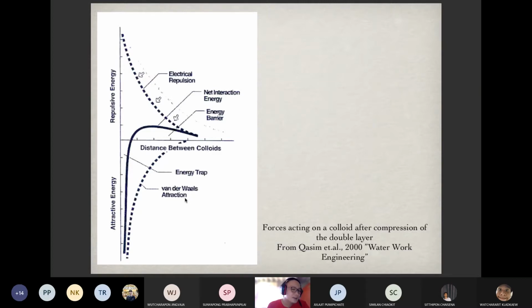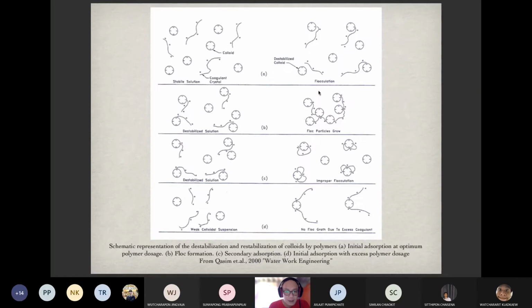So finally, we can coagulate them. We can actually promote the collisions, particles attachment, and then they become a bigger size and become heavier, and finally we can remove these particles.